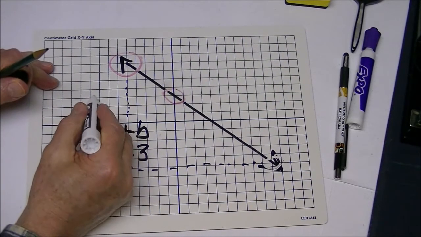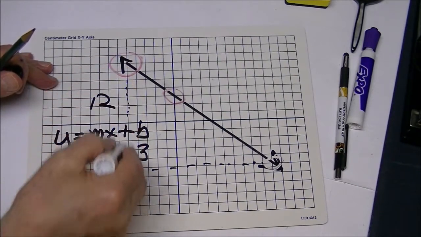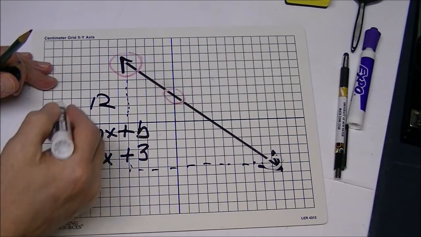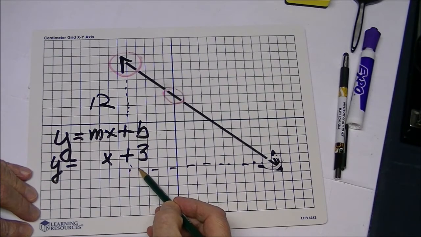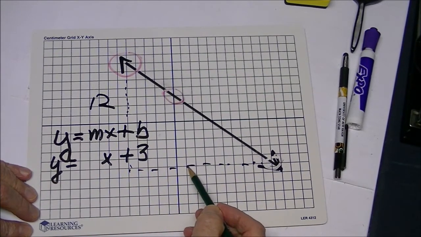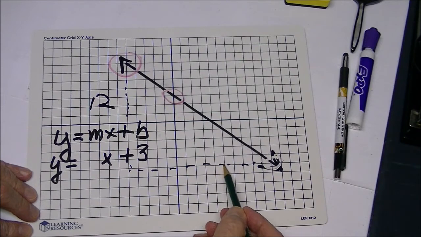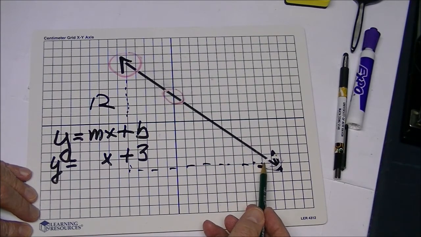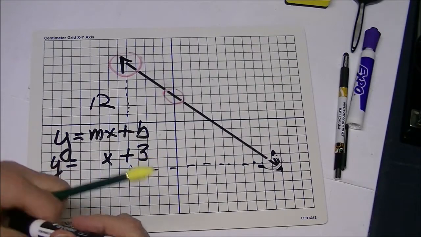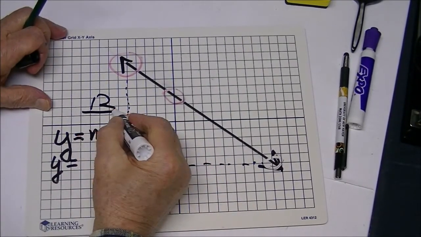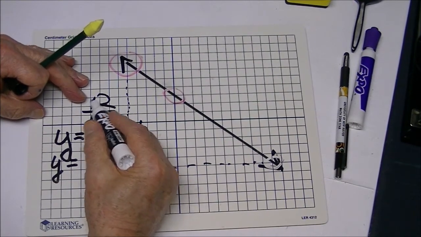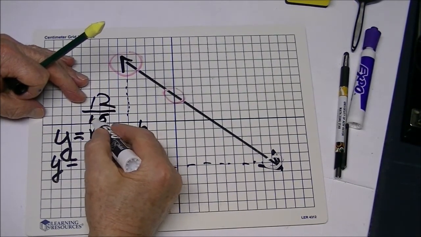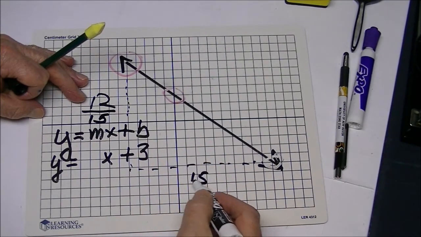So there's 12 units, and that would be a rise. Now we want to do our run. Starting here, 1, 2, 3, 4, 5, 6, 7, 8, 9, 10, 11, 12, 13, 14, 15. So we have a rise of 12 over a run of 15.